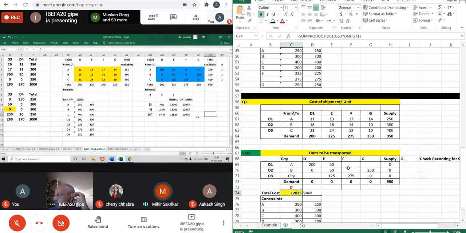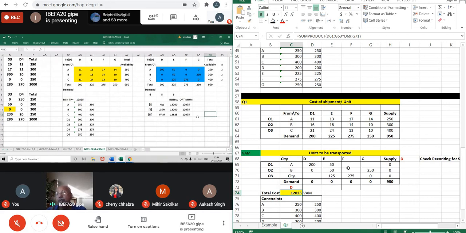Sir, how does solver exactly solve? I am not able to understand the mechanics behind it. I can understand the coding, but what works behind it? Behind the solver is called the UV method. After the initial solution, we have to apply the procedure called optimization technique. That optimization technique is called the UV method. That is the basic one for the software of solver.